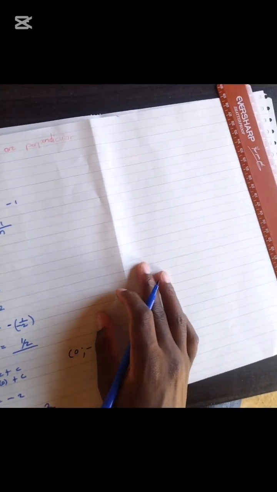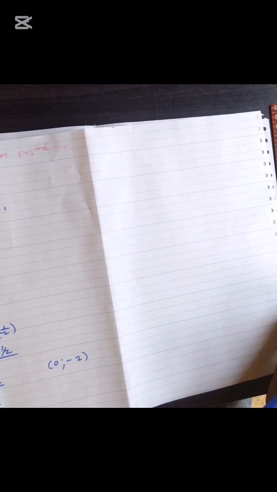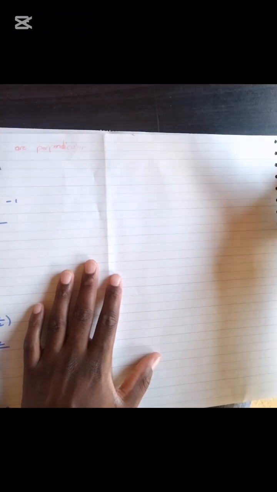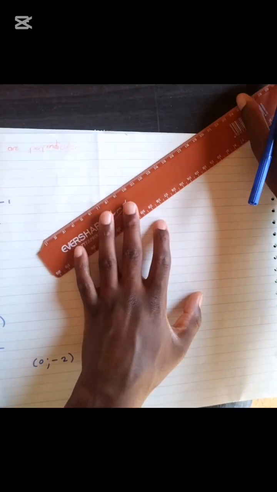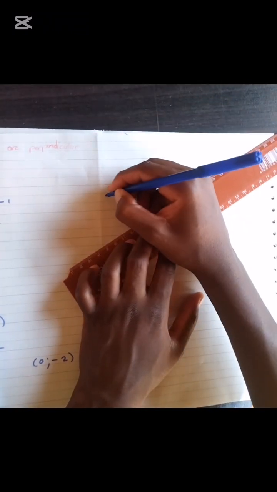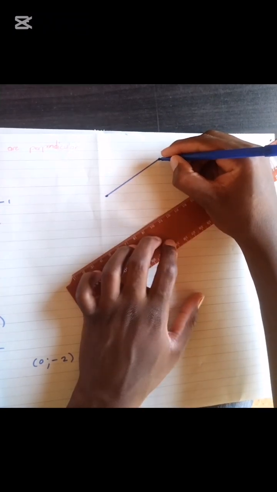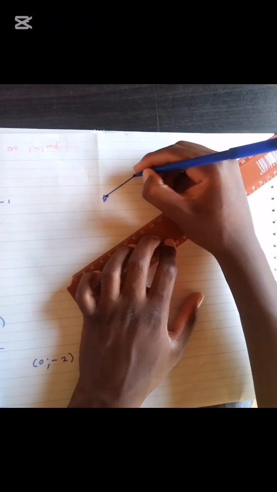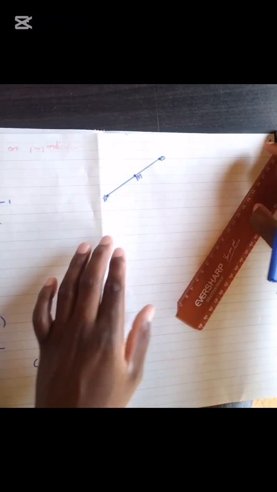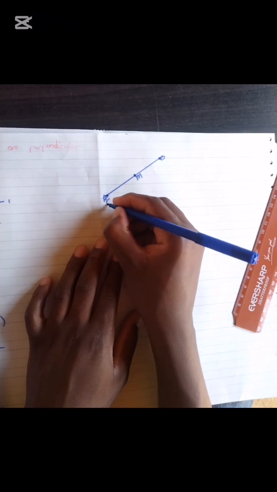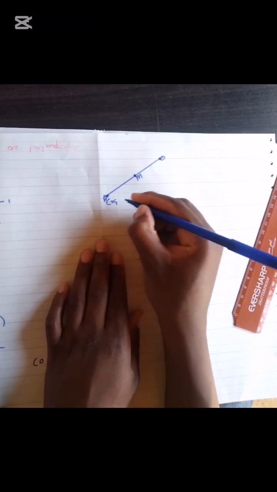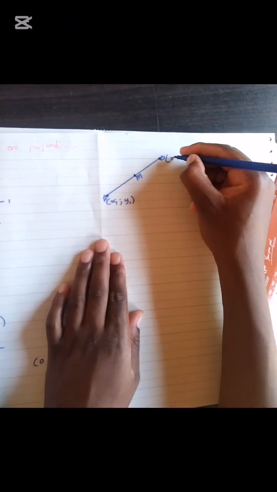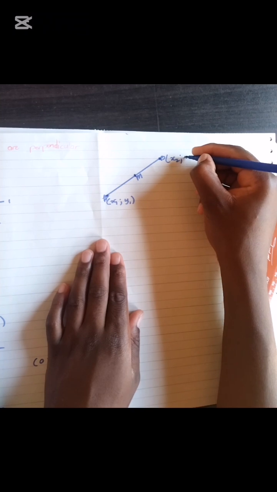And so we move on to the coordinates of the midpoint of a line. Let me draw a simple line as an example here, and say this is our line AB, and our midpoint is M. Say our point A has the coordinates x1 and y1, and our point B has the coordinates x2 and y2.